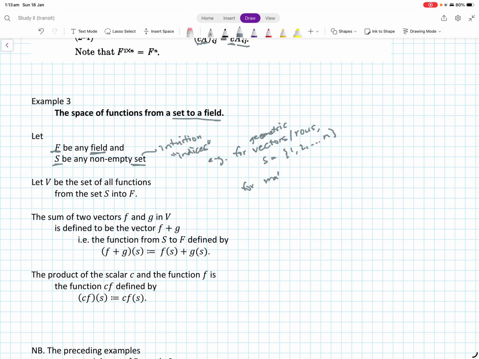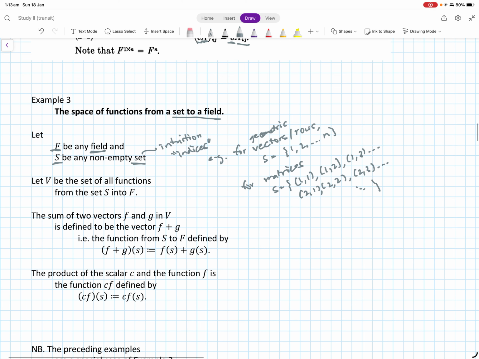For matrices, S would be, for instance, (1,1), (1,2), (1,3), and then (2,1), (2,2), (2,3), and so on, right? It's just a bunch of indices. Okay, so S is just some set, right?